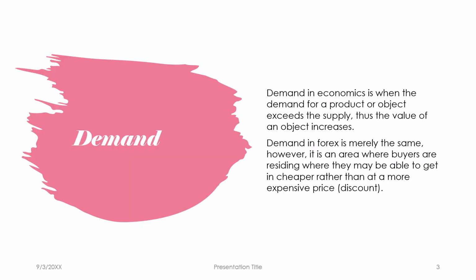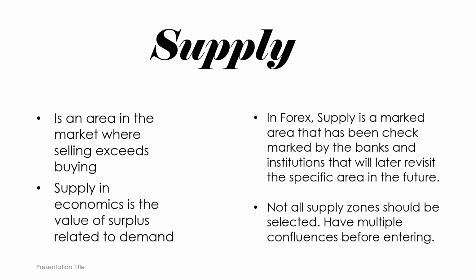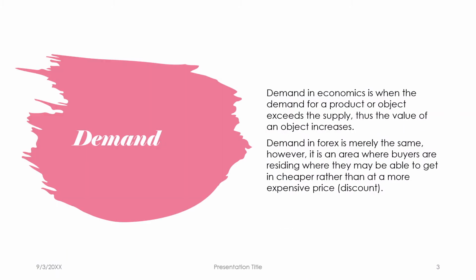So demand is almost the exact way that we have previously marked on supply. However, demand in economics is when the demand for a product or an object exceeds the supply, meaning that people want it, but there is not enough supply in the market to fill the needs of the demand. In forex it is almost the same, right?